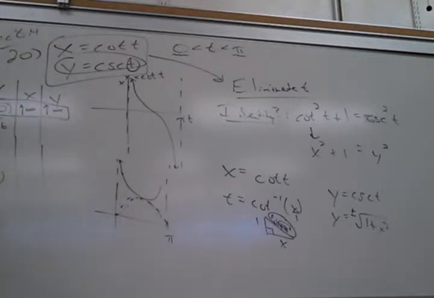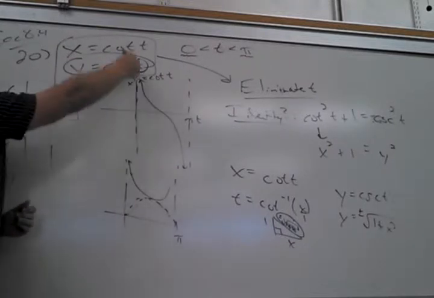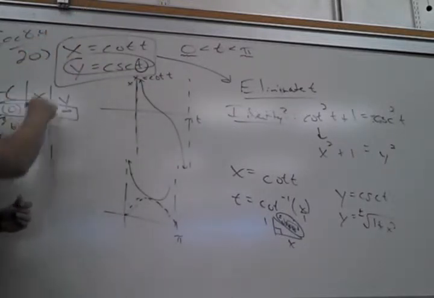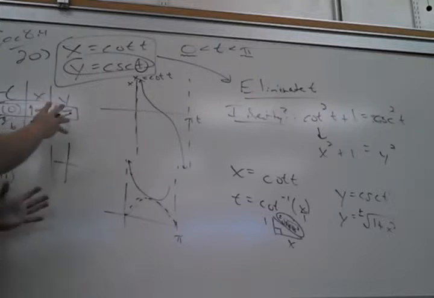I was just confused about the whole portion at 0. At 0, what's the x piece doing? Cotangent is going to be going to infinity. So when I plot this, t of 0 gives me infinity.